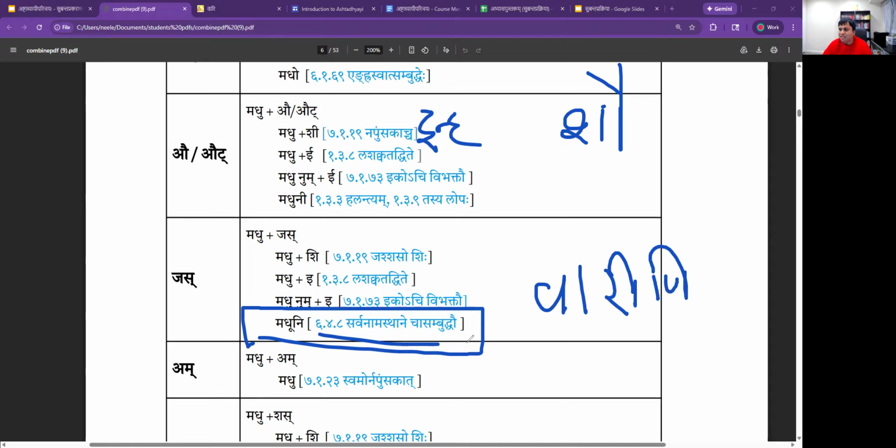Because sarvanama sthane cha sambuddho, this is a sarvanama sthana, this is a sambuddhi, nakaranta sangasya upadhaya dirghi krute, varini iti avashyam siddhati. So whether in is there in inhan pusharyamnam show or not, it does not matter for the prakriya of vari or for madhu. That particular sutram is for other cases. It is purely that this particular sutram has been given. So by Parjanya Vrutti, we will use it for Varin.